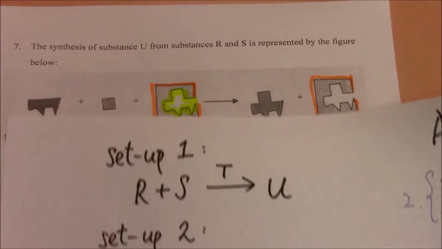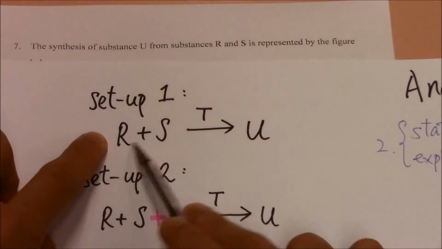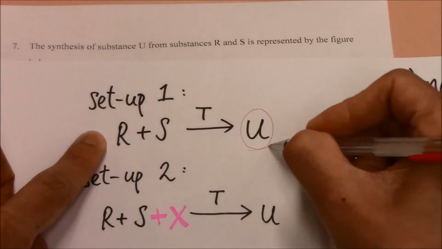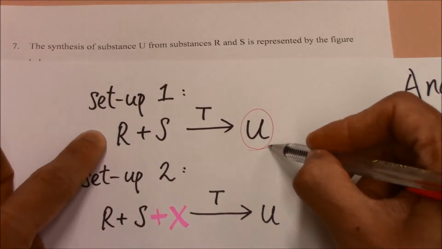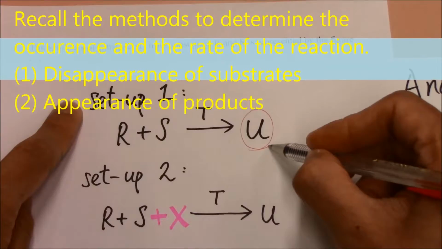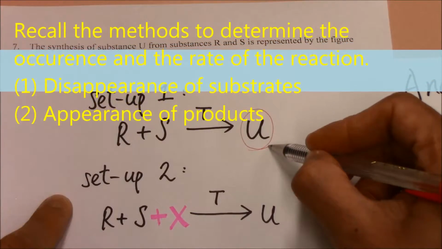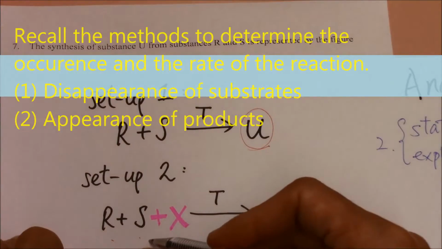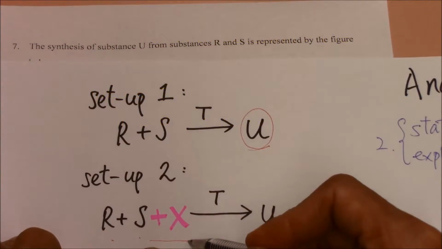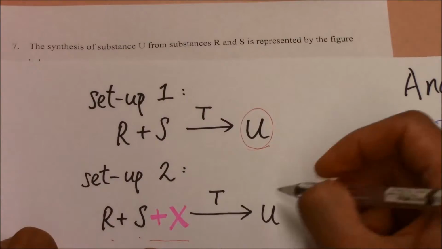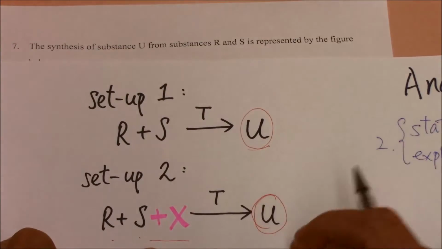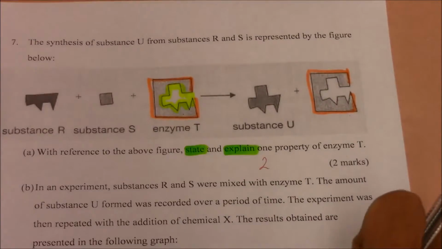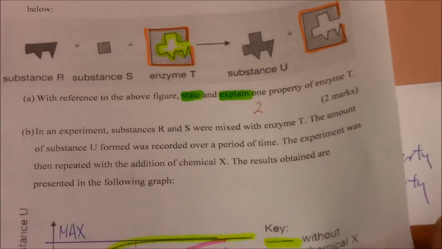One is this, R plus S with the enzyme T, and then we measure the amount of substance U. And then the experiment was repeated, and it will be the setup 2, R plus S, and with the addition of chemical X, also with enzyme, and then we also measure the amount of substance U.